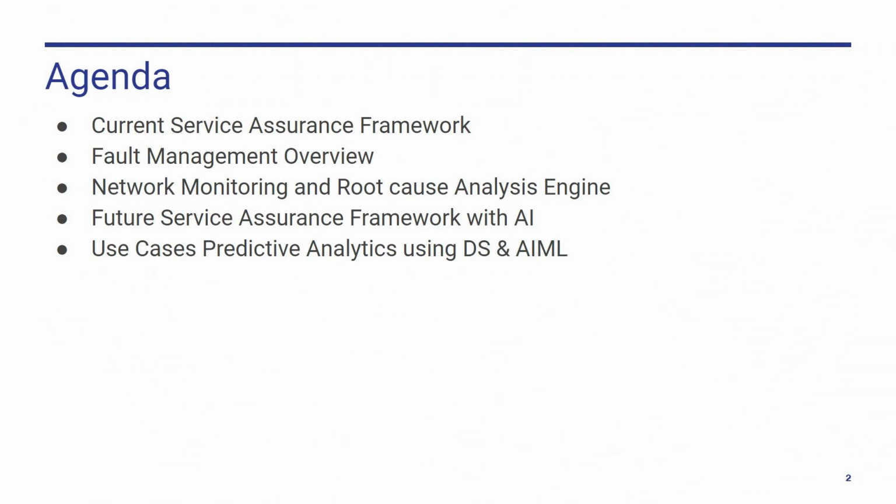That is where we will see how these alarms are being translated into the root cause, why it is done, and what the purpose is. Then we have future service assurance frameworks with AI, and along with that we'll also see what the use cases of this predictive analytics are and what benefits we can get from there. Okay, I'll skip to the next slide.